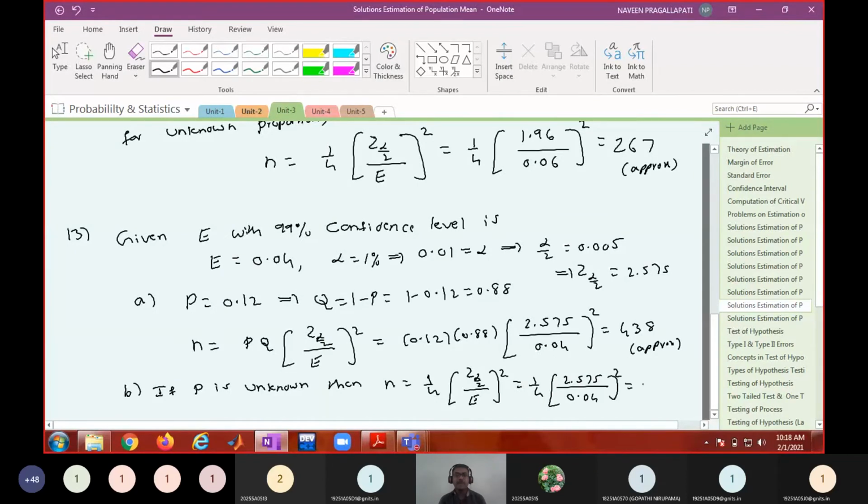Find out the approximate value. 1036. Approximately 1036.